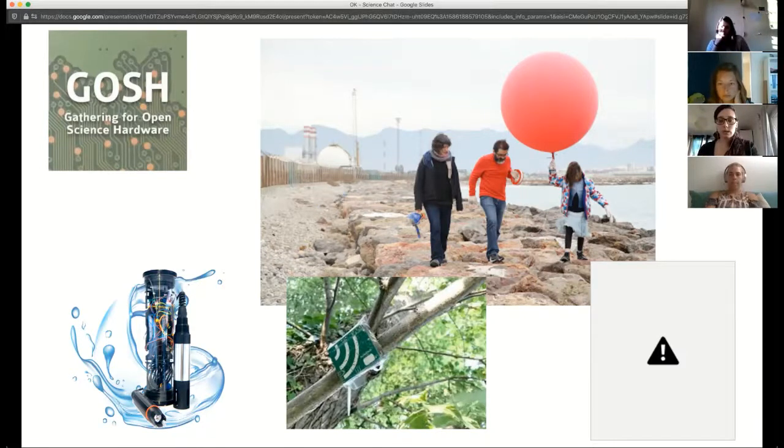The one that you see there in the tree, the AudioMoth, is a super ear that is open source and records sounds in a range of frequencies, and you can keep it there logging for a day and then go back and analyze the data. And in general, open source hardware is cheaper than the proprietary alternatives, and also it's open. So if you want to modify the AudioMoth because you need something different, then you can ask your friend or someone who knows about electronics and you can tweak it and produce something new.